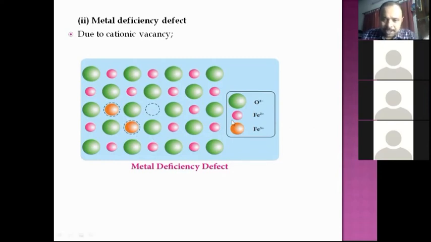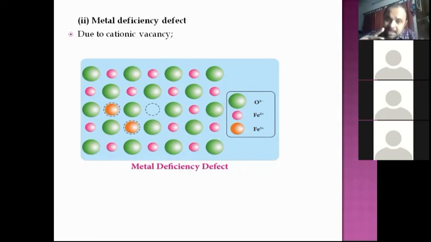So one Fe2 plus gets oxidized to Fe3 plus. The other Fe2 plus also gets oxidized to Fe3 plus. So 2 positive charges thus increase in the entire lattice, balancing the loss of 2 positive charges due to Fe2 plus. Thus electrical neutrality is maintained.